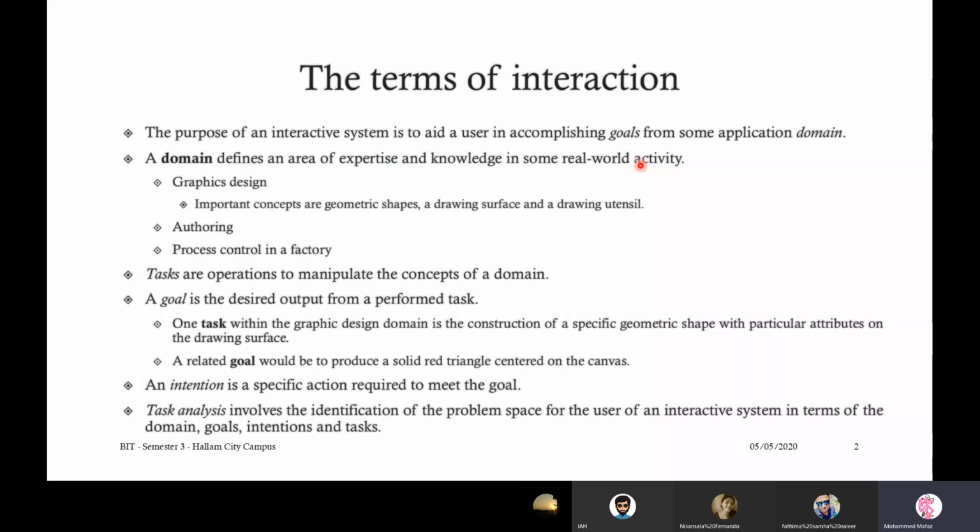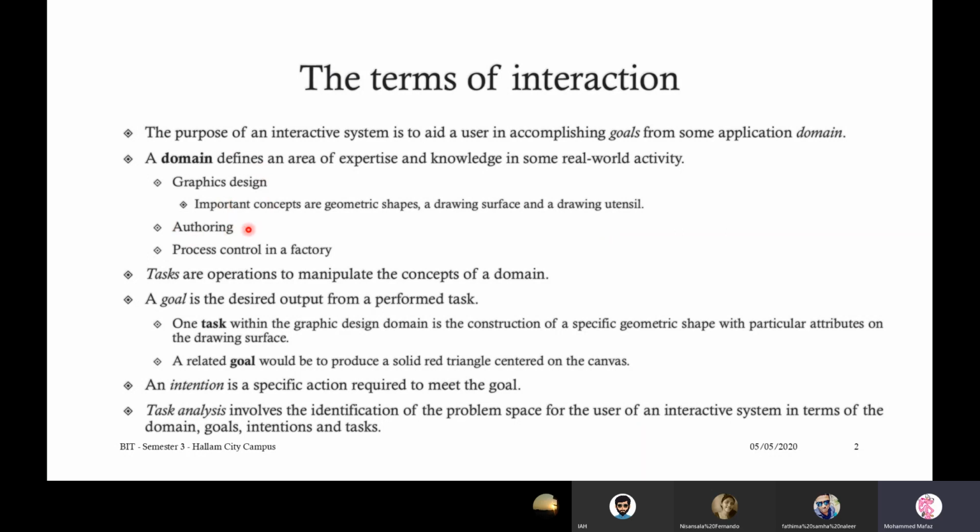Now, for example, if you are dealing with the graphics design domain, there will be certain activities specific to that domain. For example, the concepts would be having knowledge about shapes, you may need a canvas, or you may need a surface to draw. Then you may need a toolbox where you can pick the different type of tools for drawing.